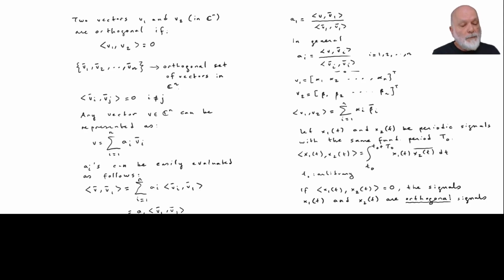Now, for the complex exponential signals, if we are able to show that the harmonically related set of complex exponential signals forms an orthogonal set, then by using the idea we have developed in Cn, we can calculate the coefficients rather easily. So let us now look at that problem.